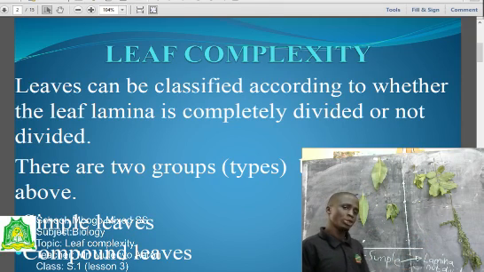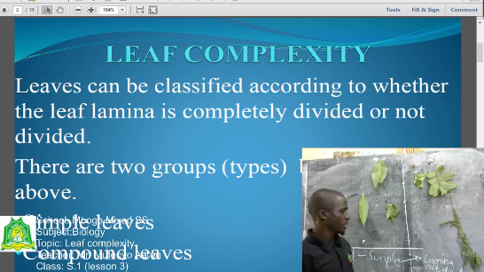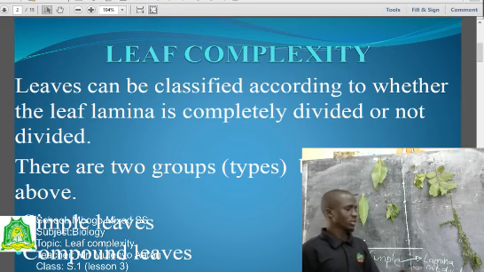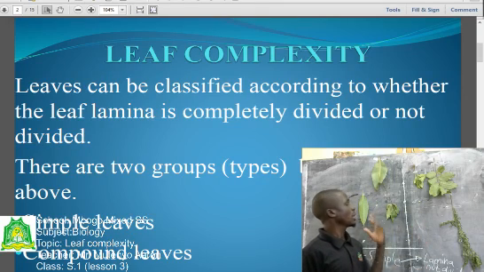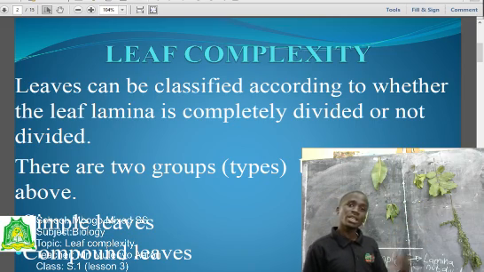Remember, I told you to pick some leaves, and then we'll be studying them together as we go through this leaf complexity. Why are we studying it, by the way? It's not something that's just theoretical. When you move around the school compound, when you move around the home compounds, you meet different types of leaves. And these leaves are used in classification. The structures of these leaves are applied in classifying.